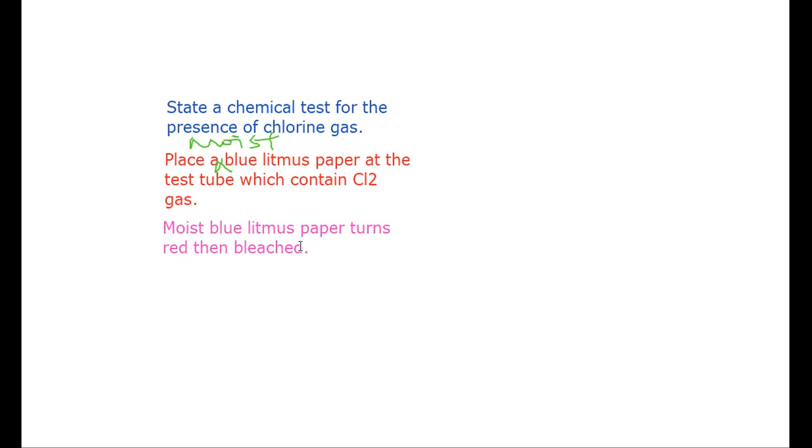Okay. Now, why do you have the blue litmus paper turns red then bleach? The reason is like this. I've already mentioned this when I'm talking about our Form 4 Chapter 4, where when you have chlorine gas, the chlorine gas you put into water, actually it will produce the HCl and the HOCl.